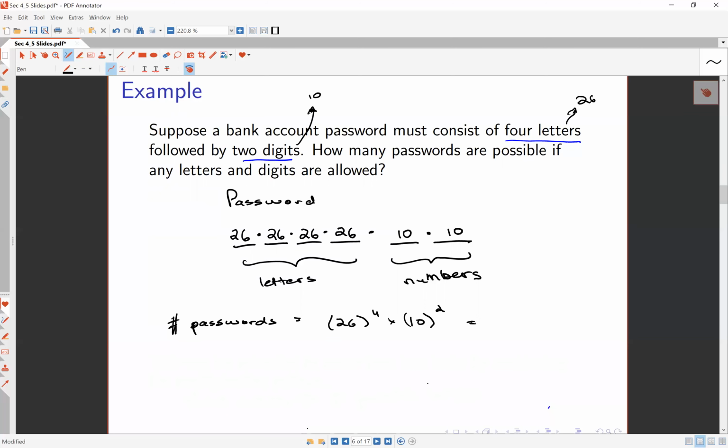So 26 to the power 4 times 10 squared, and that gives us 45,697,600 passwords. So a really almost close to 45.5 million passwords here.